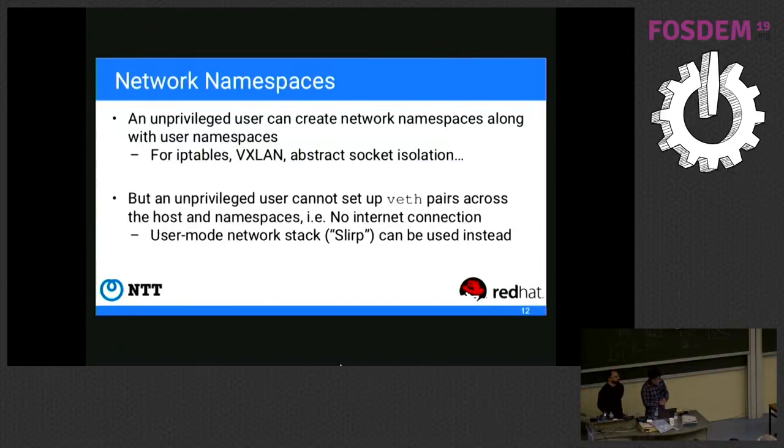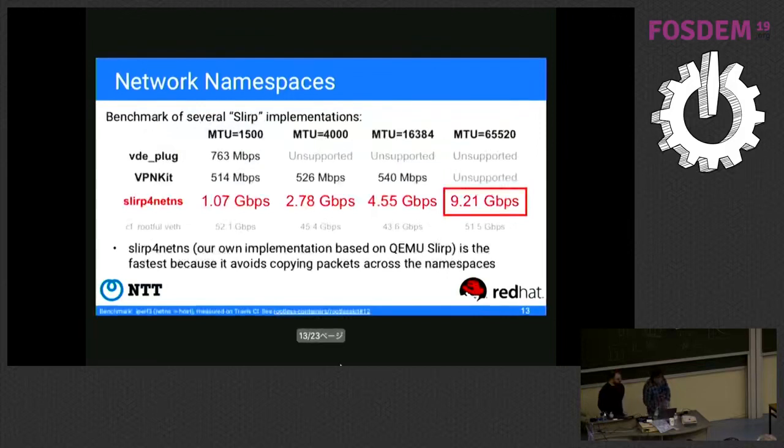But this is not a problem because instead of a virtual Ethernet pair, we can use a user-mode network stack called SLIRP. There are a couple of SLIRP implementations such as VPNKit, VDE plug, and slirp4netns. Among these three implementations, slirp4netns is the fastest.